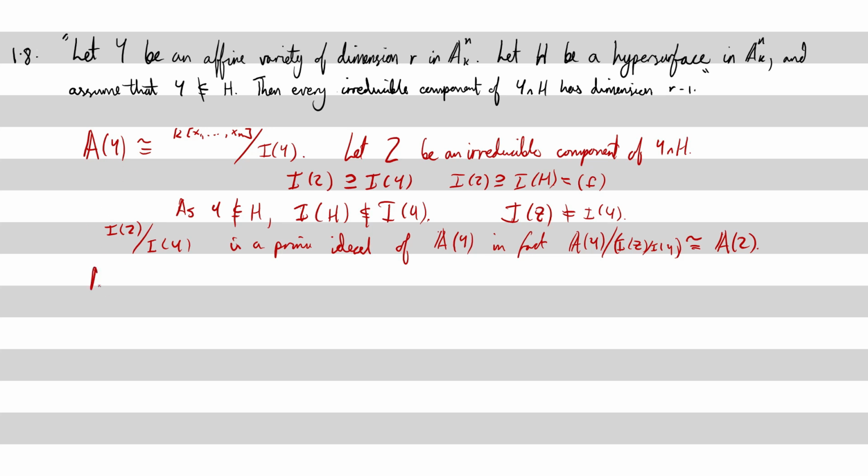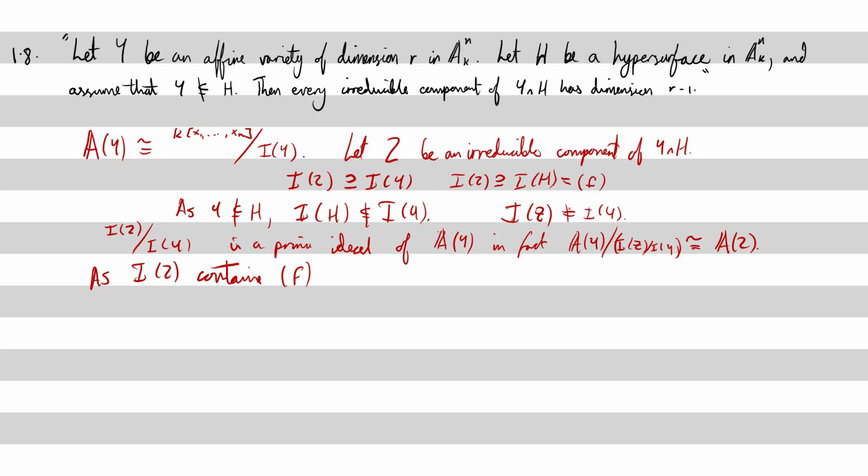So, as I of Z contains the principal ideal generated by f, which is I of H: a hypersurface is defined to be the vanishing set of an irreducible polynomial.